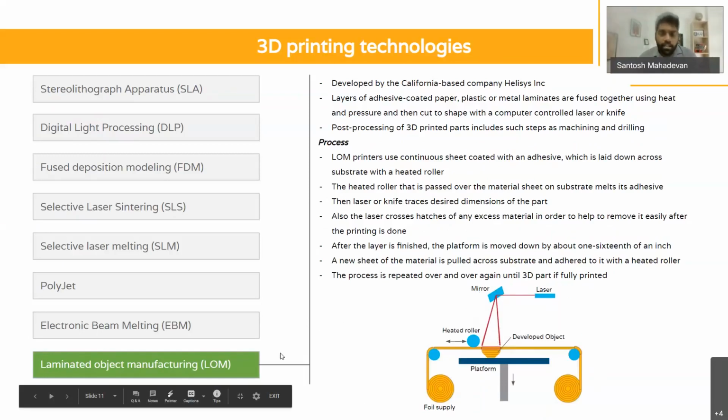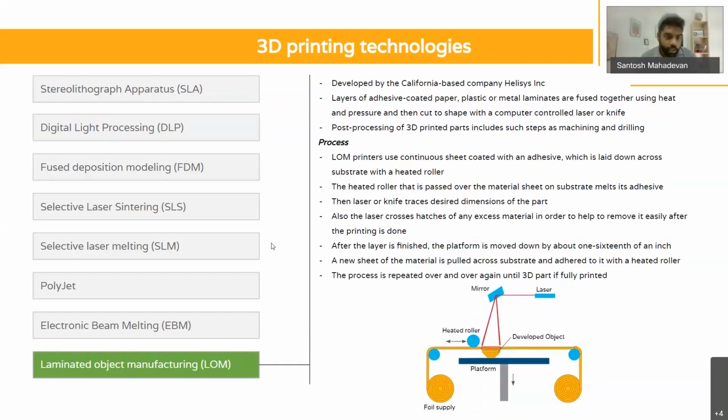Okay, unlike the previous methods that used a powder in the case of electron beam melting, SLM or SLS, or liquid polymers, right? The photopolymers in PolyJet, DLP, and SLA, or the thermoplastic wires in FDM, right?